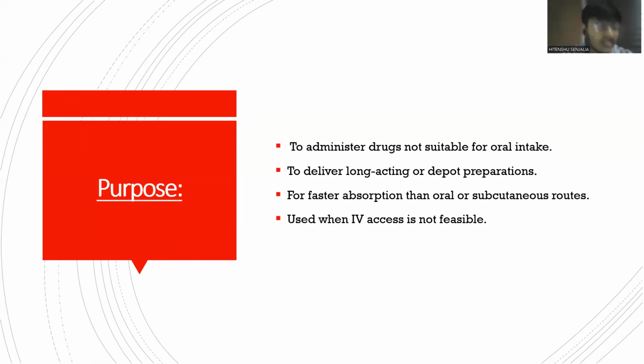Now, the purpose of using the intramuscular route is to administer drugs not suitable for oral intake. The person who is not able to take drugs orally, for that type of person, we have to give the intramuscular route. It also delivers long-acting and depot preparations, meaning the duration of action of the drug will be long-lasting, with faster absorption than oral and subcutaneous routes.